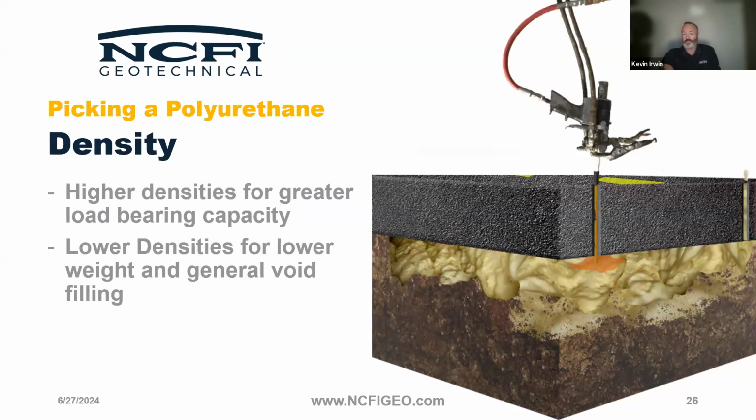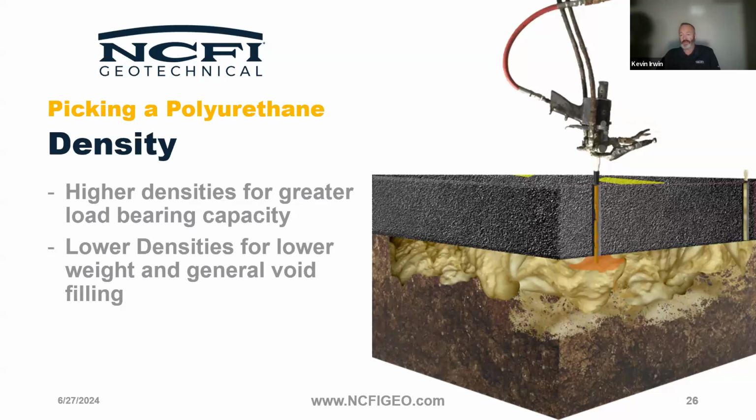And of course, we need to pick the right foam for the density. That starting density, the 2 pound, 3 pound, 4 pound, you can think of as the void density. In other words, if that particular system, a 2 pound system, is injected into a void, it's going to be roughly 2 pounds per cubic foot. However, if we inject it under confinement, it's going to change.